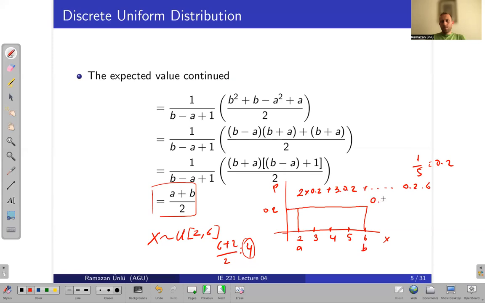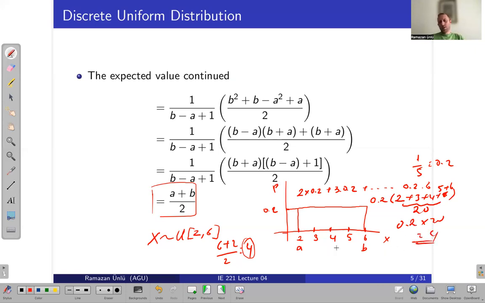This is 0.2 times (2 plus 3 plus 4 plus 5 plus 6), right? So what is the sum of this one? I think it's 20, right? It's 20, so 0.2 times 20 will be 4.